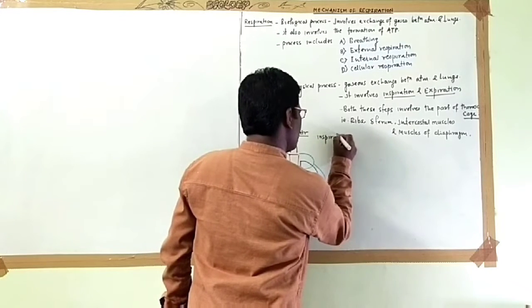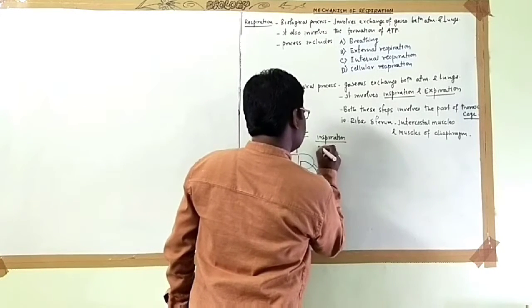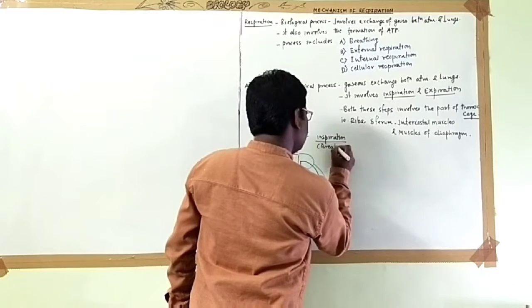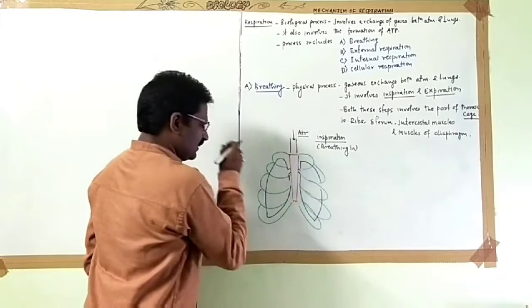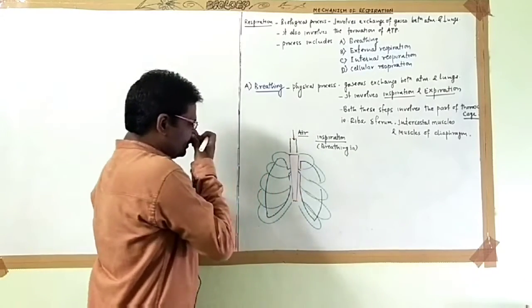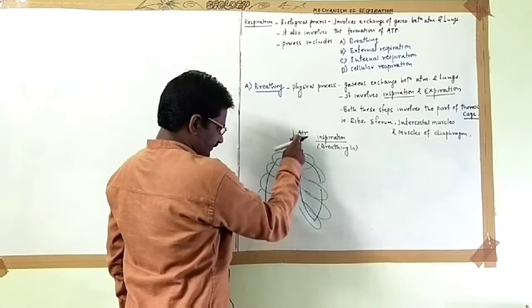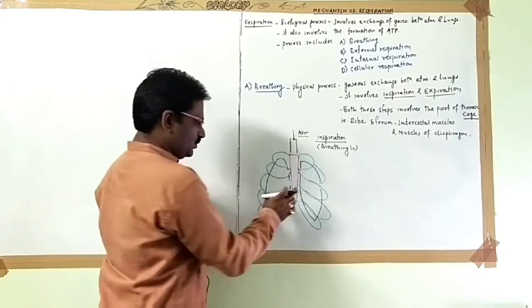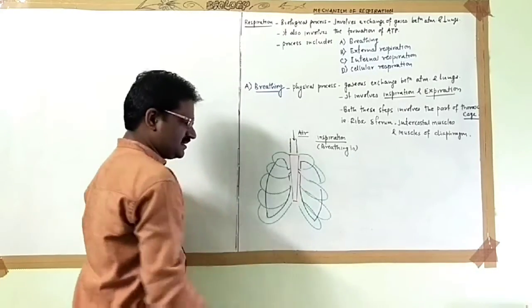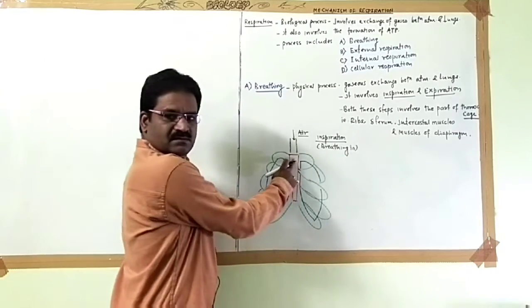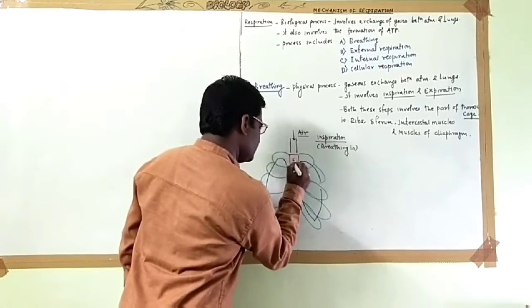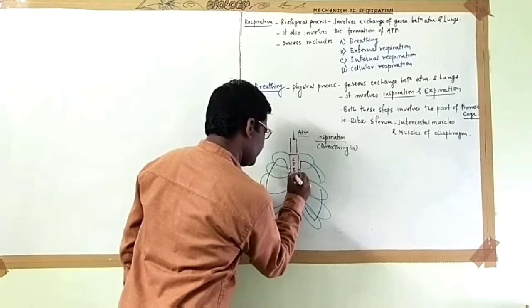Inspiration is called breathing in. This air is forced into these two lungs. This is the left lung and this one is the right lung. This bone is called the sternum.